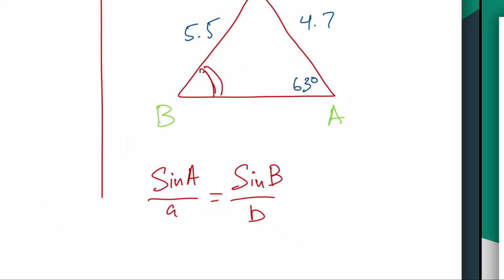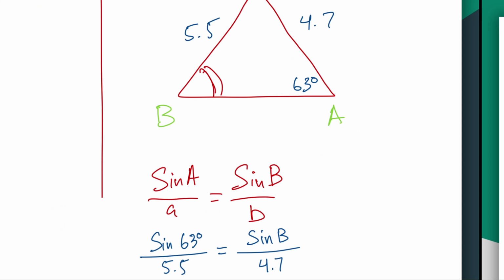Now I'm just going to plug in that info. So I have sine of 63 degrees divided by 5.5, and that's going to be equal to sine of b, which we do not know, divided by 4.7.